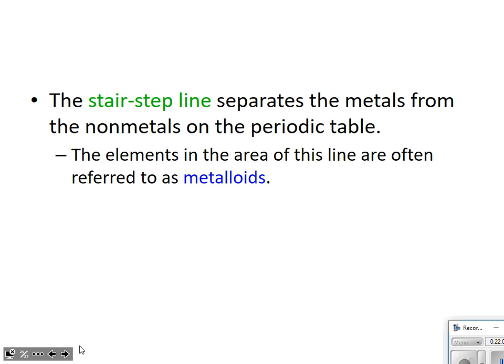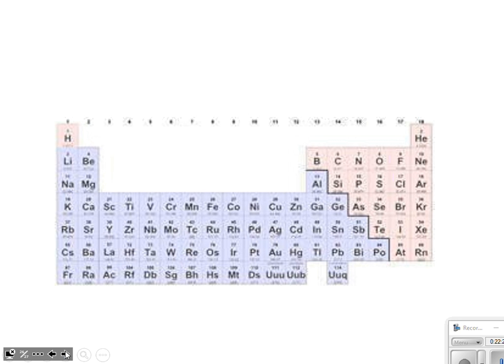If you look at your periodic table, the big periodic table I gave you has a stair step on it. The little periodic table only has the stair step on one side. So if you were on this side, flip it over to the other side because the stair step is on the other side. Here is the stair step.